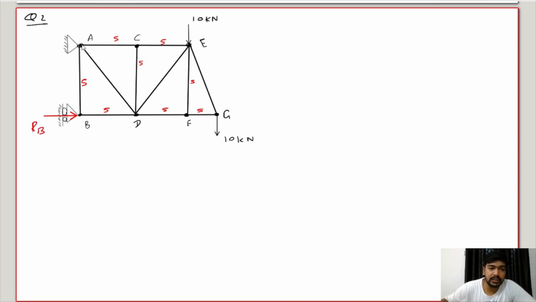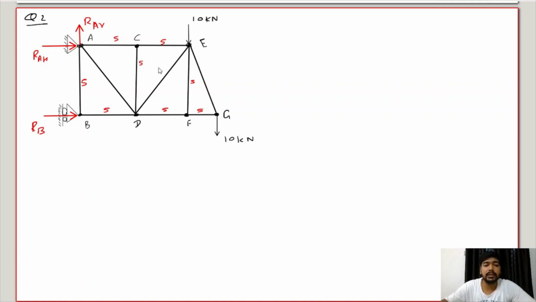And this one is the hinge support. So here there will be two reactions, one vertical and one horizontal. So this is RAH, and this is RAV.